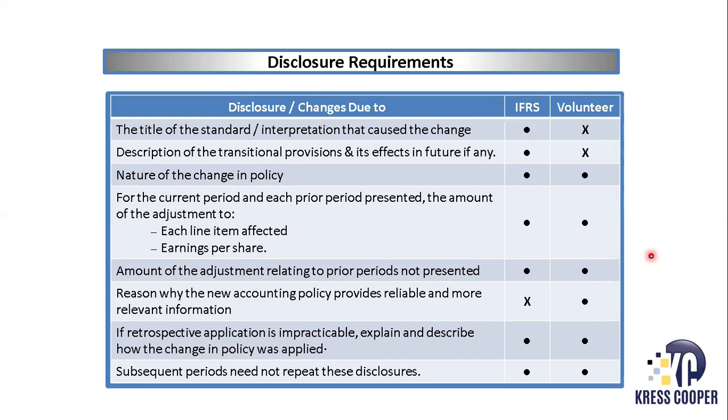So the financial impact belonging to that period, which is not being presented in the financial statements today, needs to be disclosed. Reason why the new accounting policy provides reliable and more relevant information. This is not required in terms of the change in IFRS.